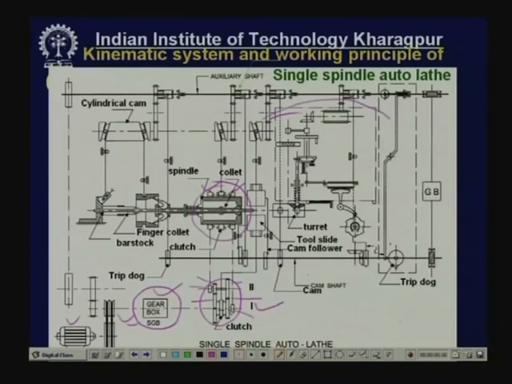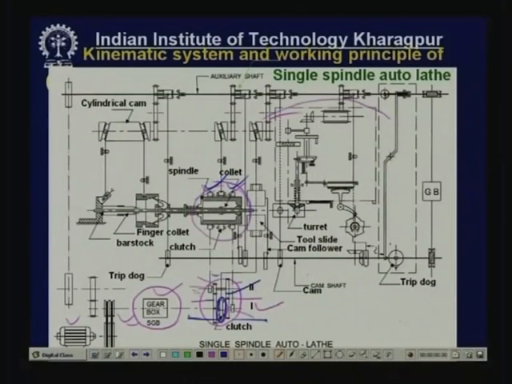So, these 2 gears will not rotate until the clutch inside is engaged. When the clutch is moved leftward or rightward, either this gear or this gear will be engaged, and this rotation will be transmitted to these gears, which will rotate at the same speed. So, these 2 sprockets loosely mounted on the spindle will keep on rotating at the same magnitude of speed, but in opposite directions.